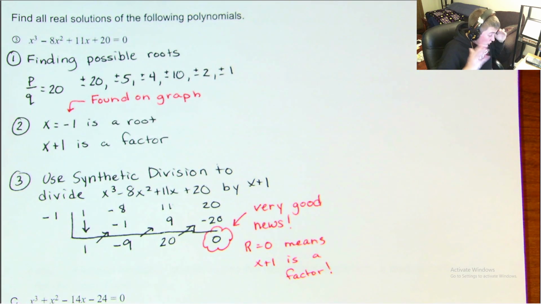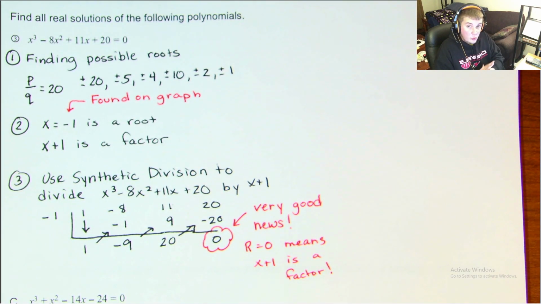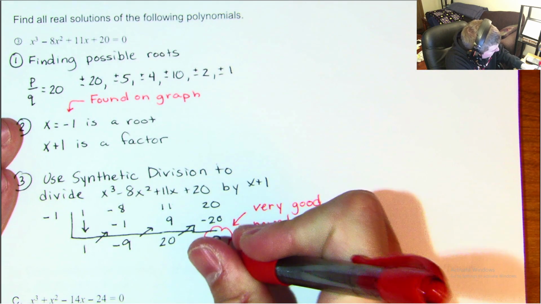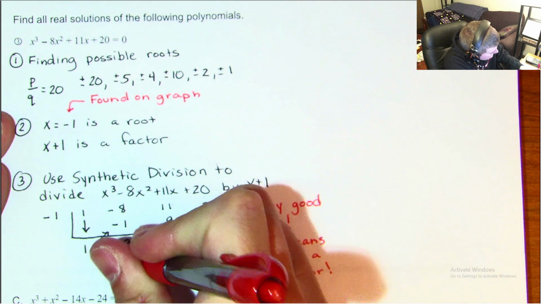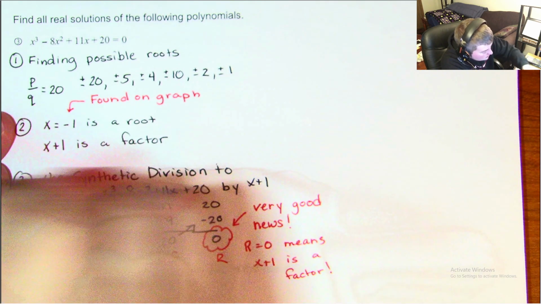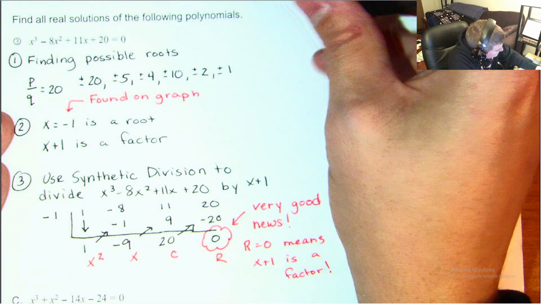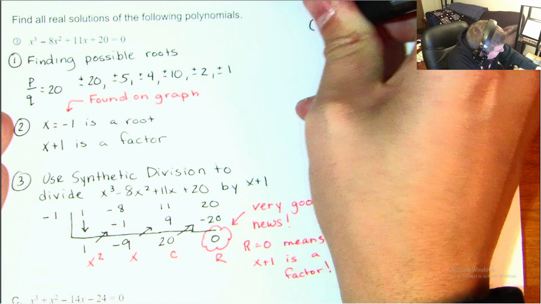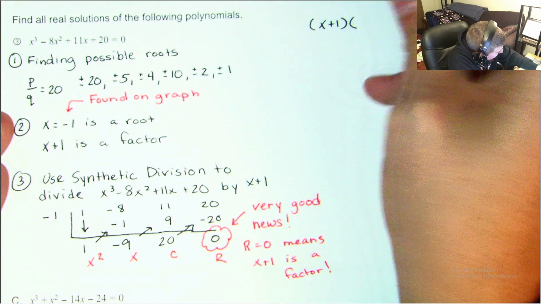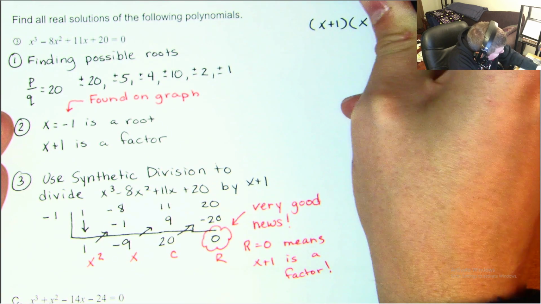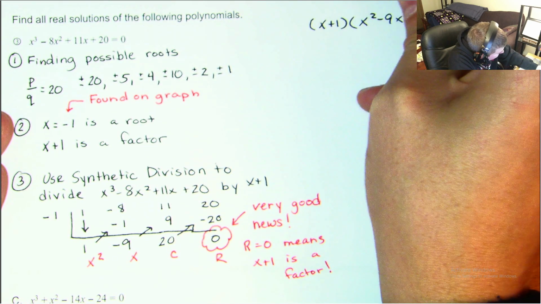Okay, that's great. That means that we've done everything correctly. We don't have a remainder. That means it is a factor. So that means I've already factored this out. This is my constant. This is my x. This is my x squared term. It just works right up the ladder. Okay, so now I have this x plus 1 times x squared minus 9x plus 20.